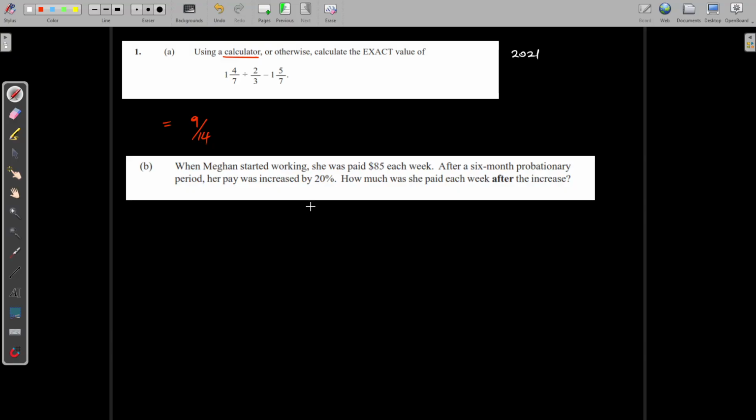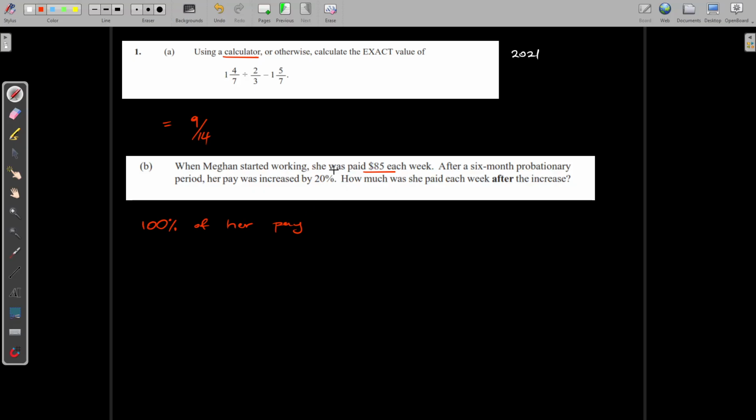So how much is her new pay? We can simply do that. Two ways we can do it. This $85 would represent 100% of her pay, correct?